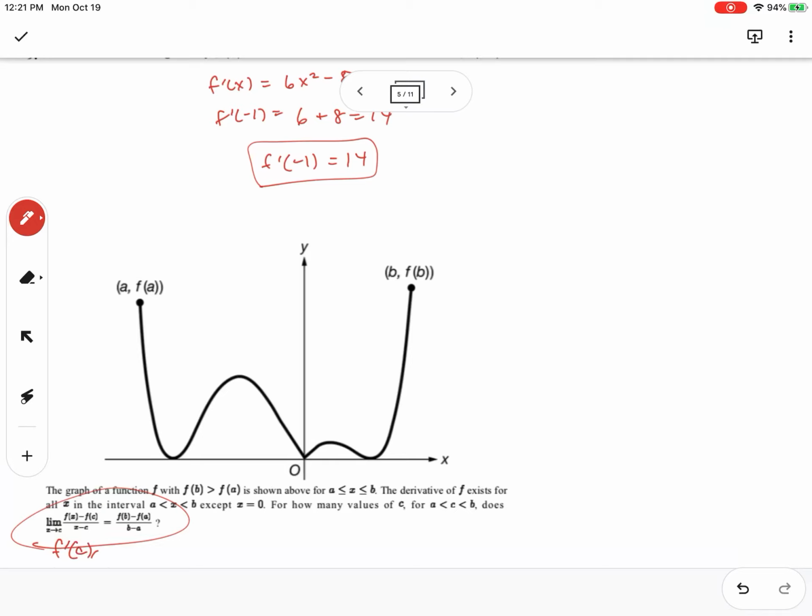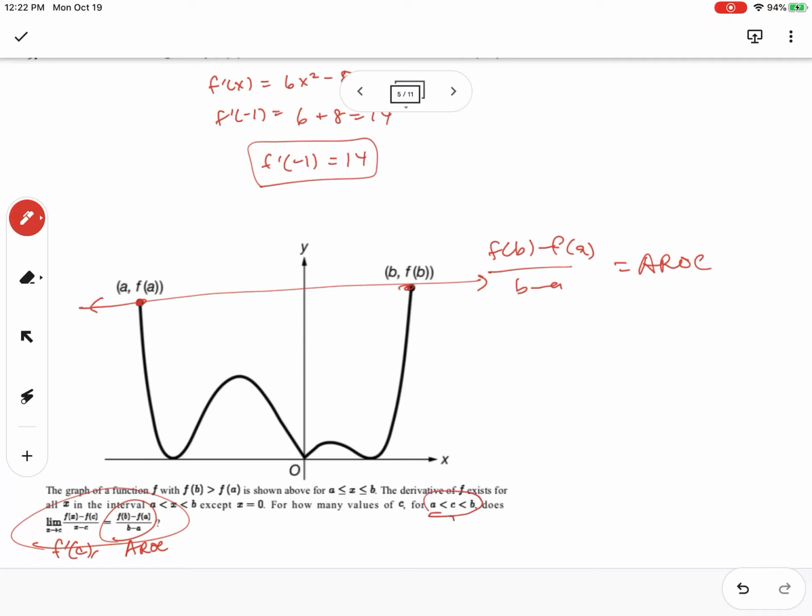Let's see here. Okay, as I look at that, I can see that this is an f prime of c, and then this is an average rate of change. Right, so f of b minus f of a over b minus a. There they are, right here and right here. So if I connect those two points, this would be f of b minus f of a all over b minus a, or the average rate of change.